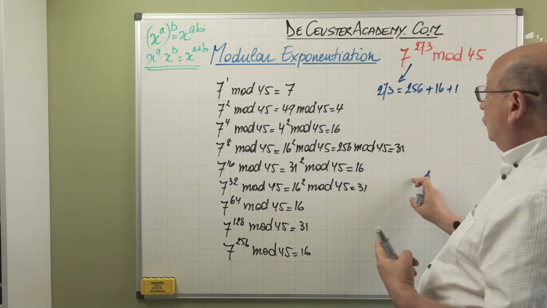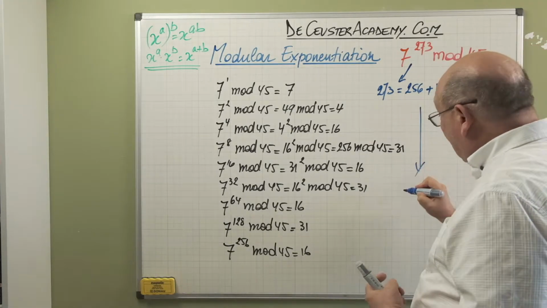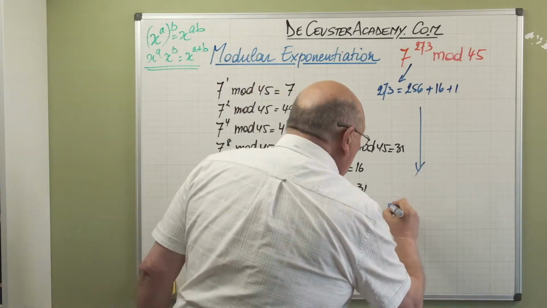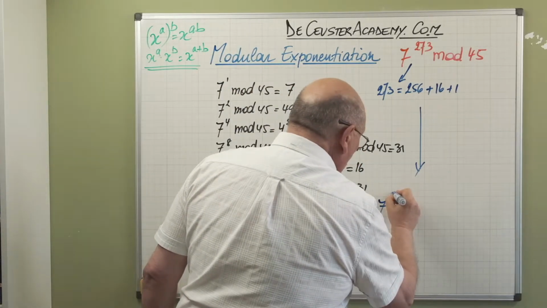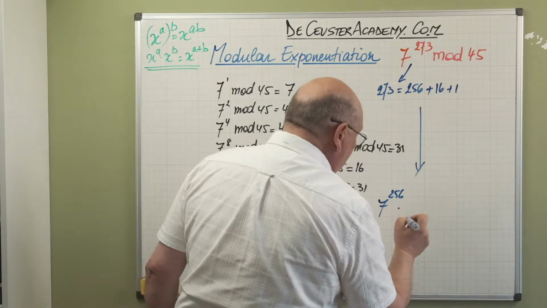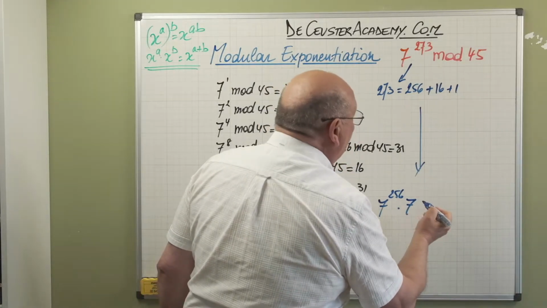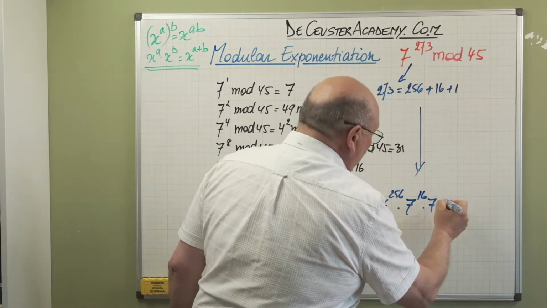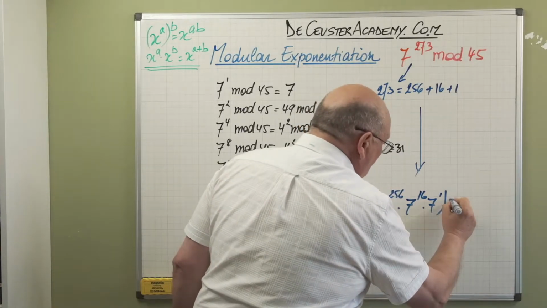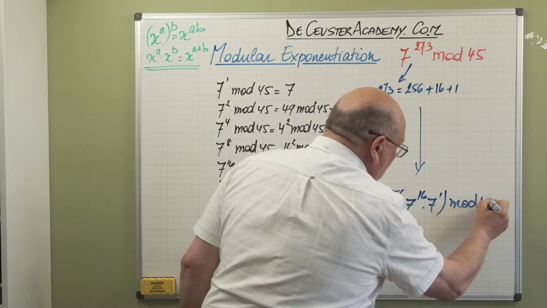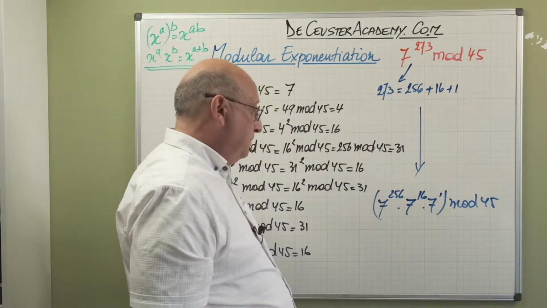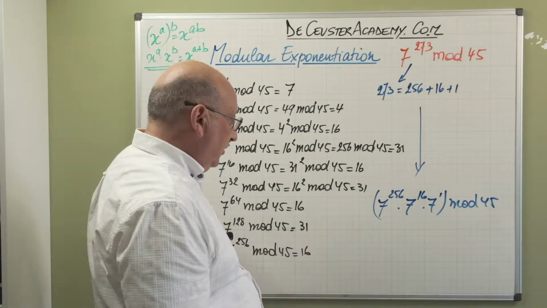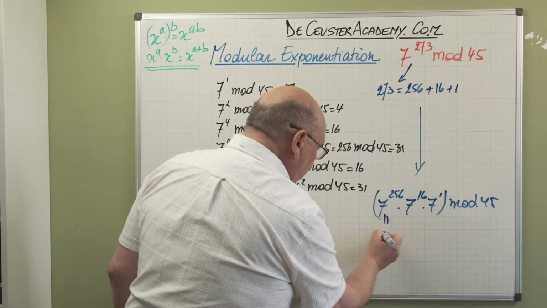So what we're going to do now, based on this, is calculate 7 to the power 256 times 7 to the power 16 times 7 to the power 1 modulus 45. 7 to the power 256, we know this is 16.